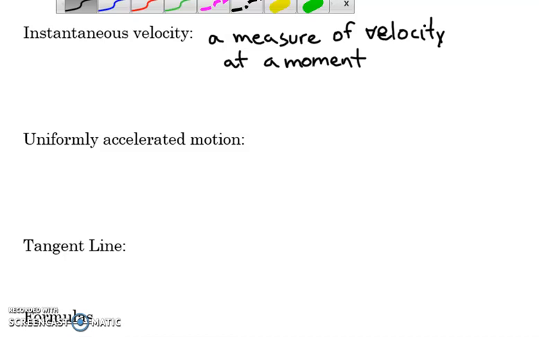Now, everything we're going to be dealing with at this point is uniform accelerated motion. That is where acceleration, or the change in velocity, is constant.